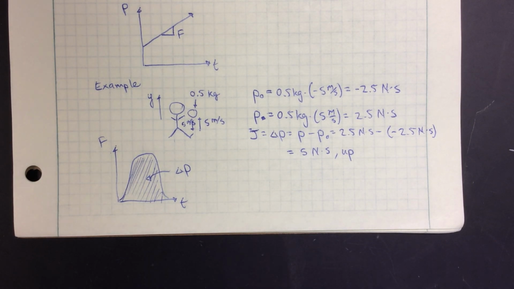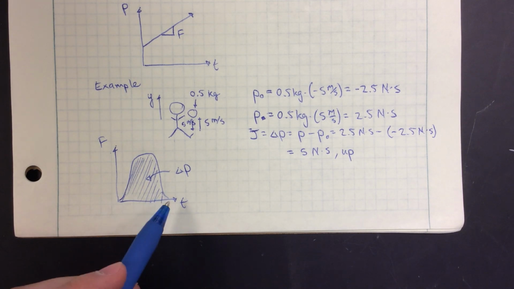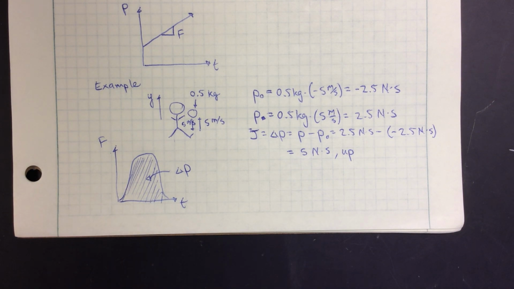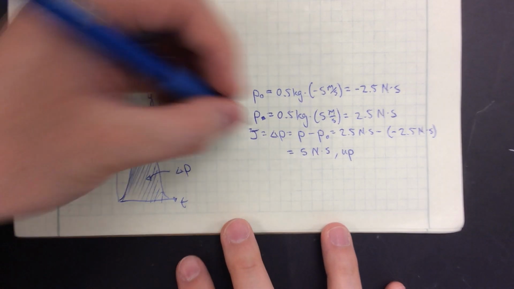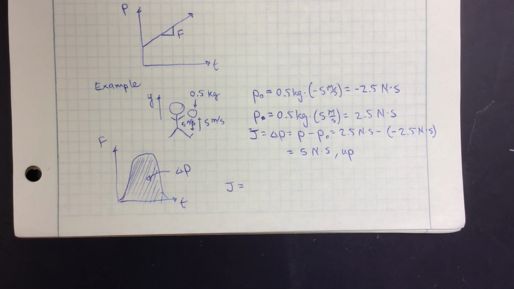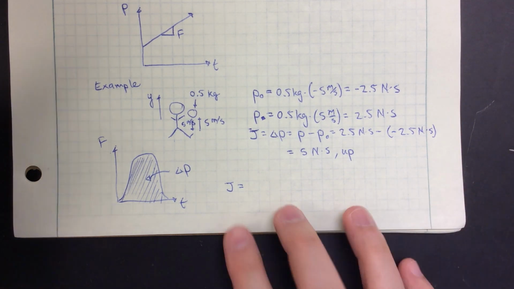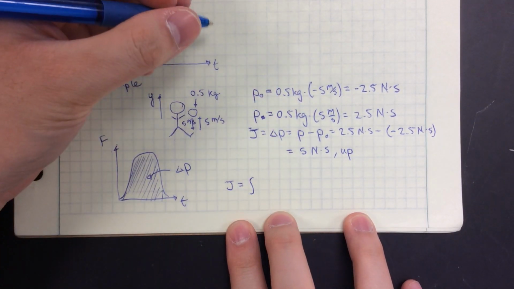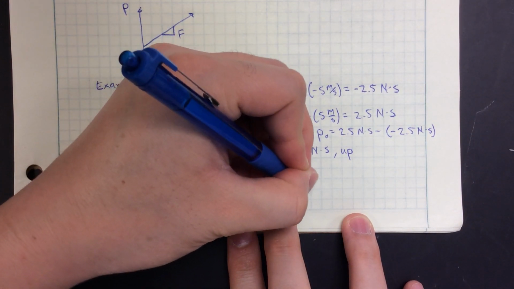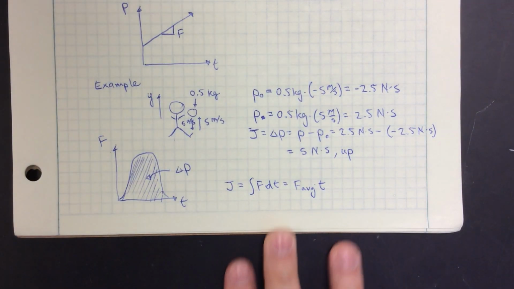There's a couple of neat things that we can do with this. If we can time how long the contact of the ball is with the foot, we can calculate an average force. So one thing that can come up, and calc people, hopefully you'll see this, I think it is the fundamental rule of calculus or something like that, which is that if you take the integral of this force dt, it will equal the average force times whatever time you're looking for.